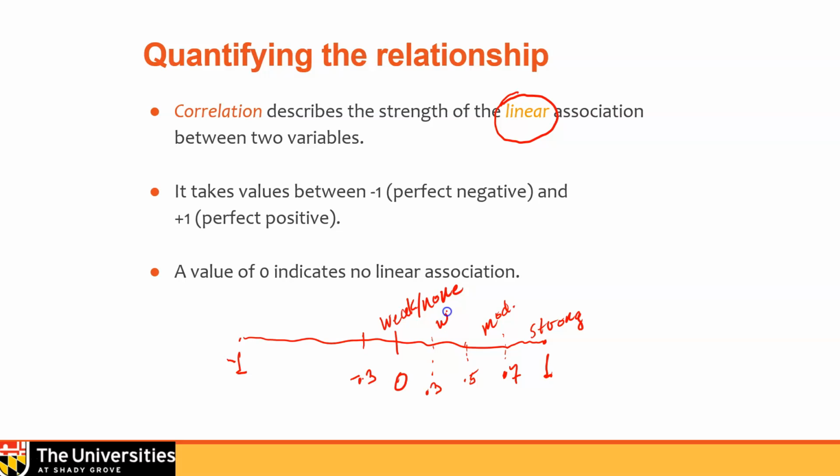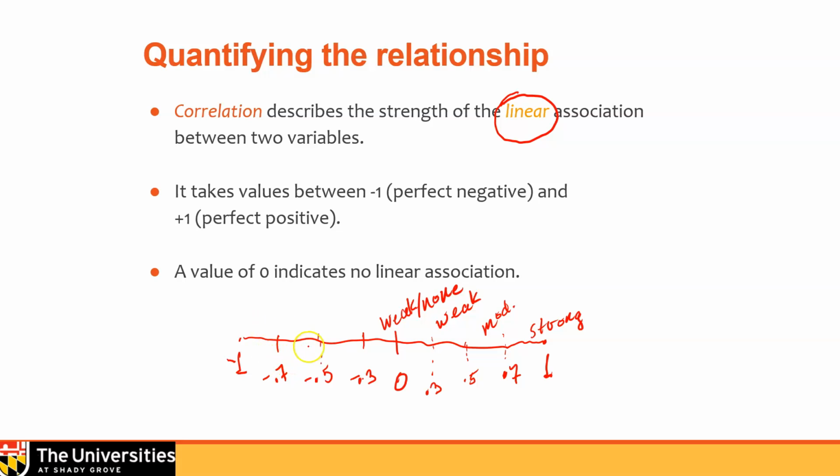Okay, now these are just general ways to think about weakness. Some people would consider 0.7 to be moderate as opposed to strong. Nobody is going to kick you out of the club if you say that 0.7 is moderate. I would say it's moderately strong.